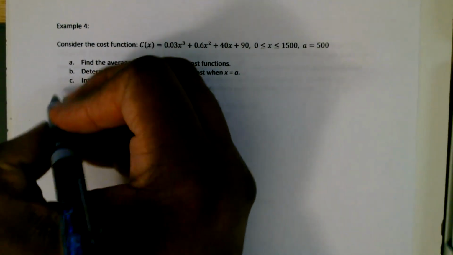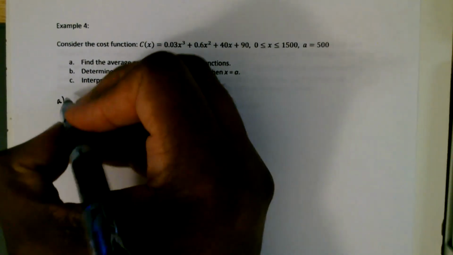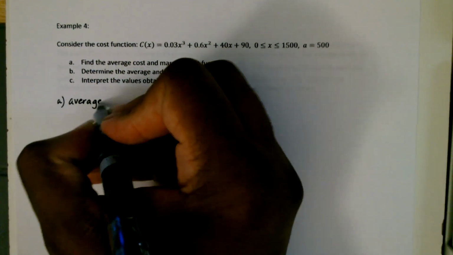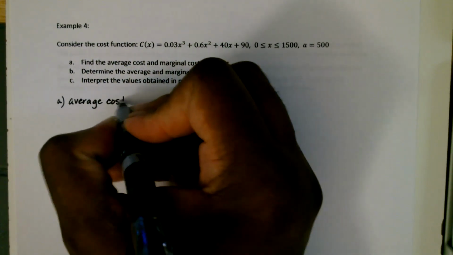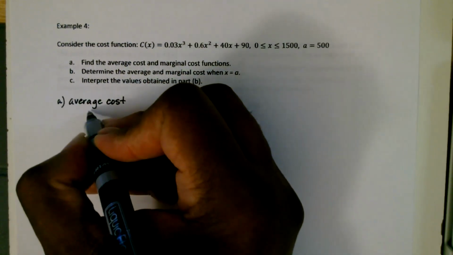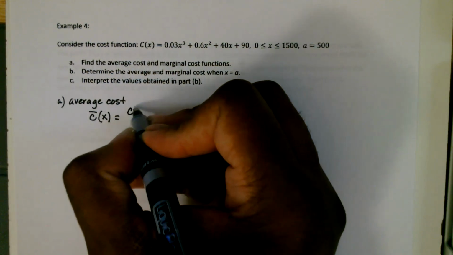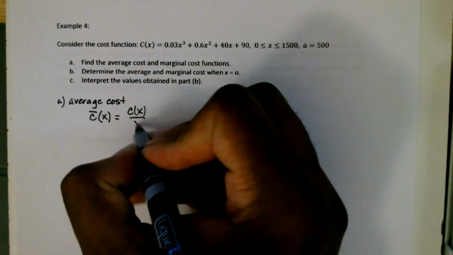So let's find out what the average cost function will be first, and the marginal cost function as well. Keep in mind, C bar of x is always going to be the cost function divided by x.